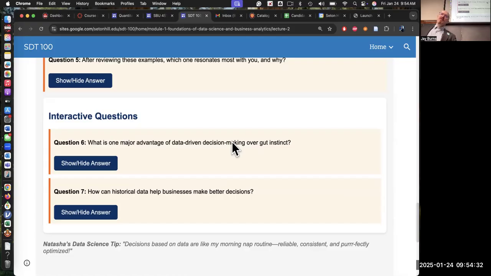So there's more than one major advantage. Shout one out. What's a major advantage? Efficiency. What else? Facts. Yeah. What else? Avoiding personal biases. All of these are great things.